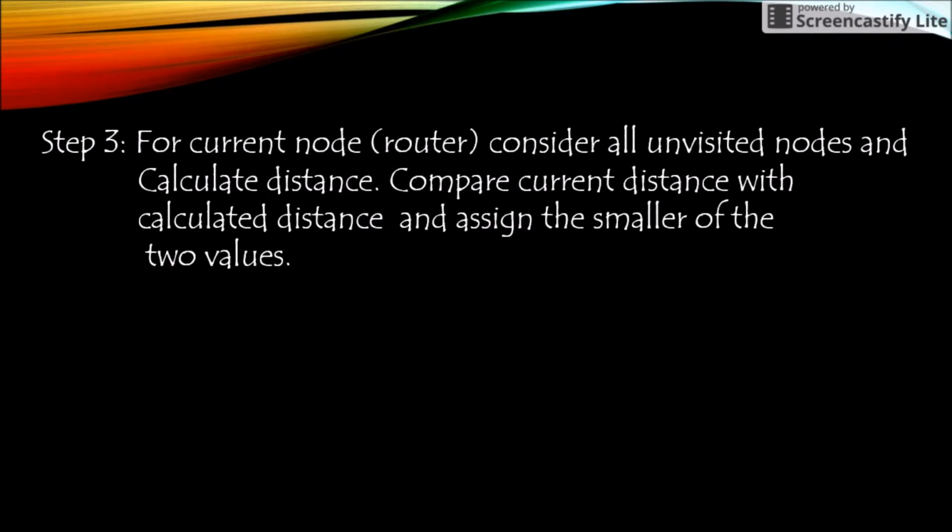Step 3. For a current node, consider that it is a router. Consider all unvisited nodes and calculate the distance. Compare the current distance with the calculated distance and assign the smaller value. As we need to find the shortest path with the minimum value, we consider the smaller value of the two. We'll learn it through the further example.